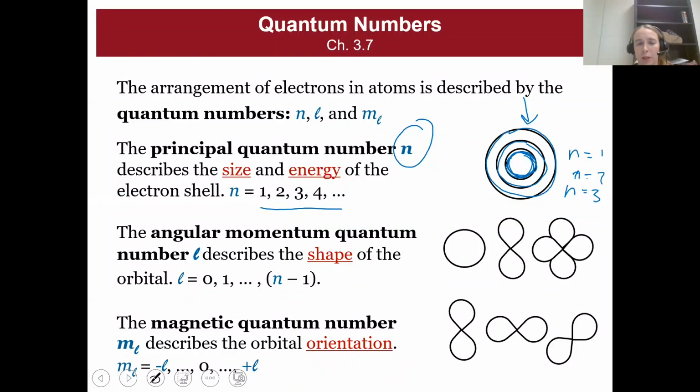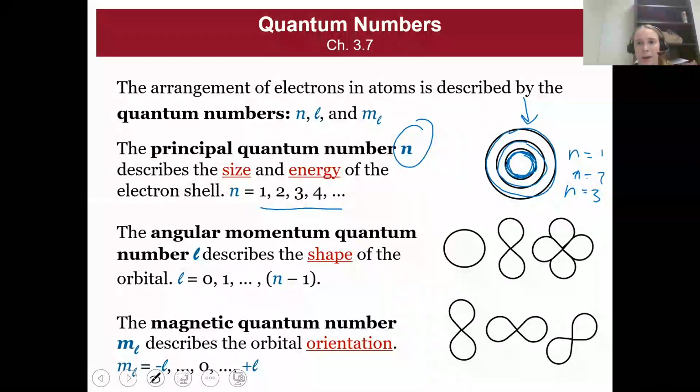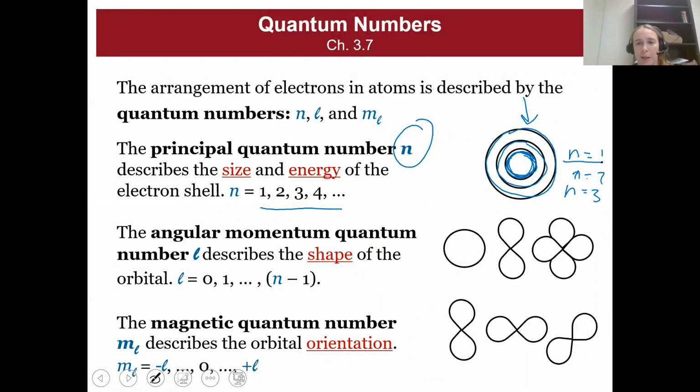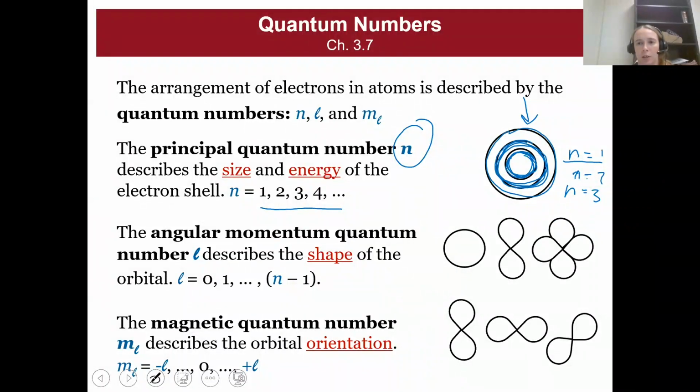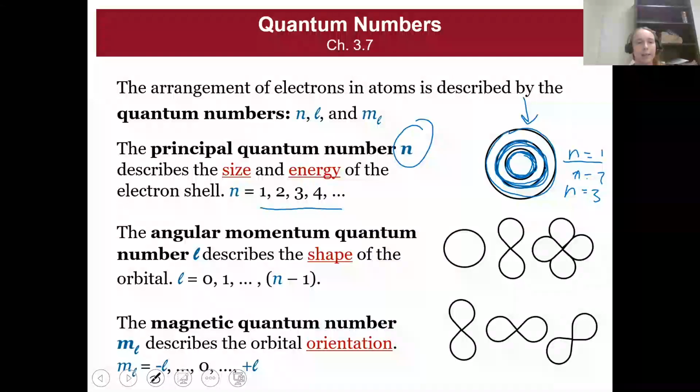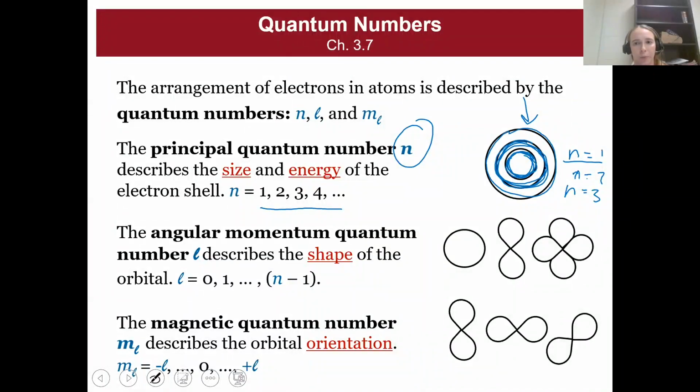The probability of finding that electron drops to 0 at the boundary of the n equals 1 orbital. If you give the electron some more energy, and it can go up to a higher energy level, that means it can get further away from the nucleus, and our probability distribution of finding the electron expands. So that's what n tells us, the size and the energy of the electron shell.